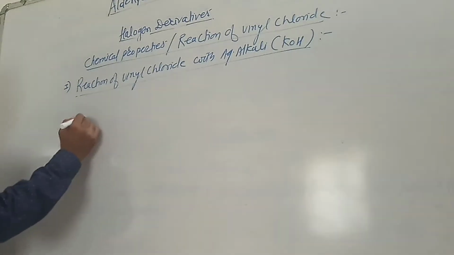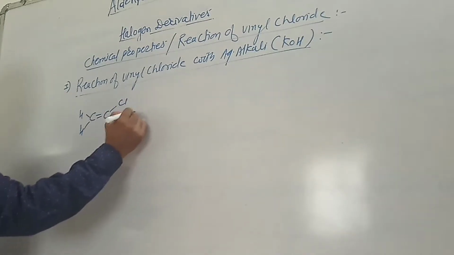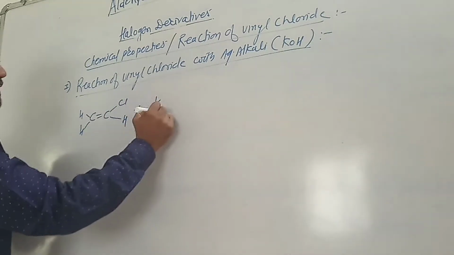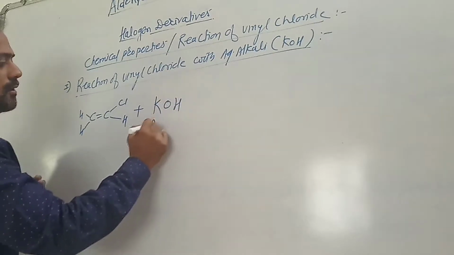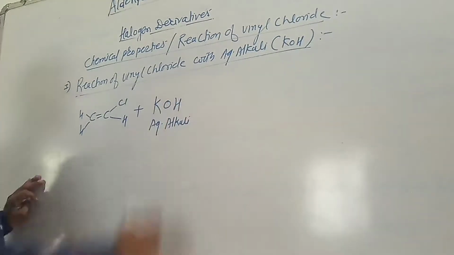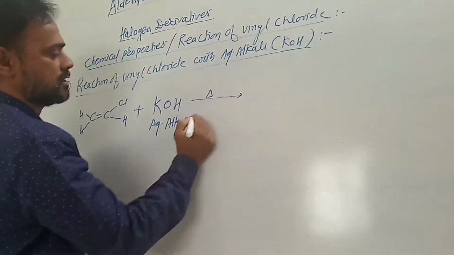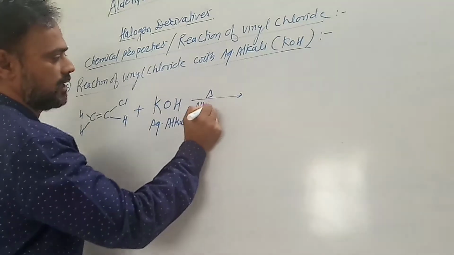When vinyl chloride reacts with aqueous alkali, that is aqueous KOH, potassium hydroxide, such a reaction is called alkaline hydrolysis.